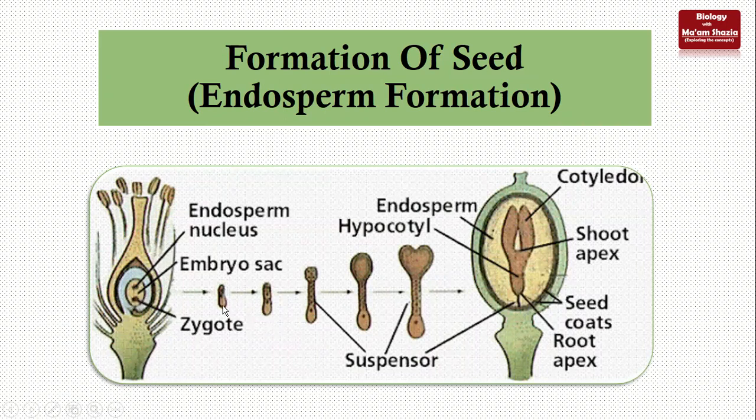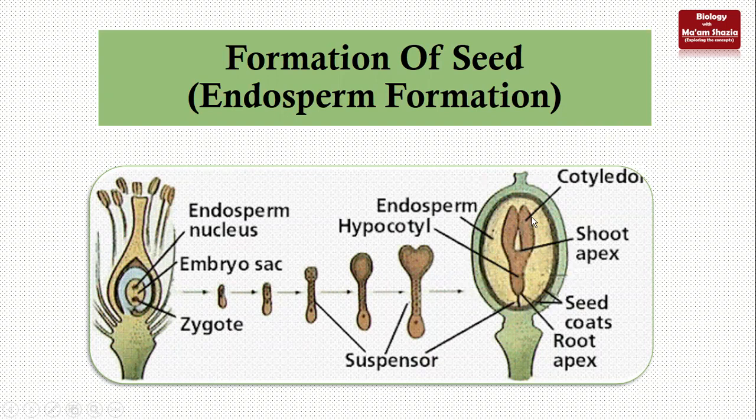So later on, the embryo will develop, and this is the embryo. This is the endosperm, the mature, right? Mature embryo, mature endosperm, and the embryo has the shoot apex, the root apex, right? And the yellowish structure is endosperm, and the overall coverings are the seed coverings, the seed coats.